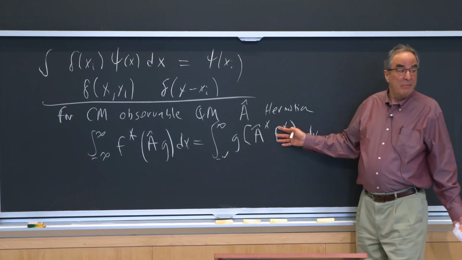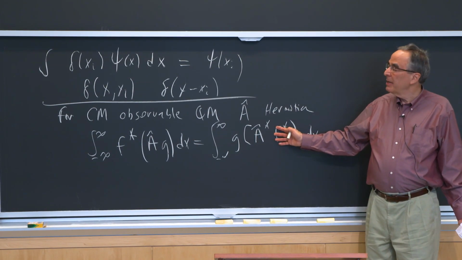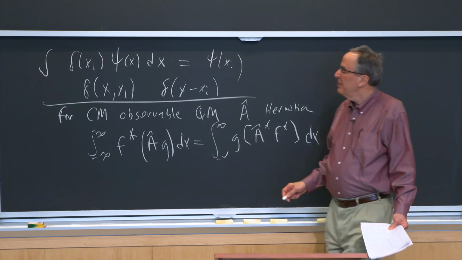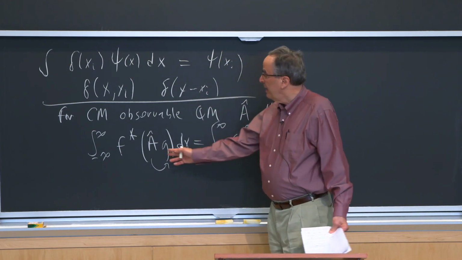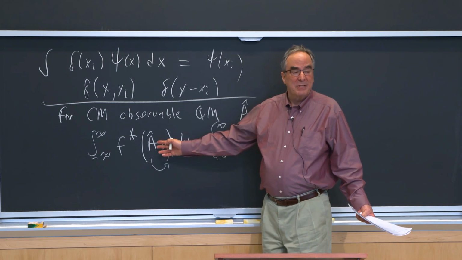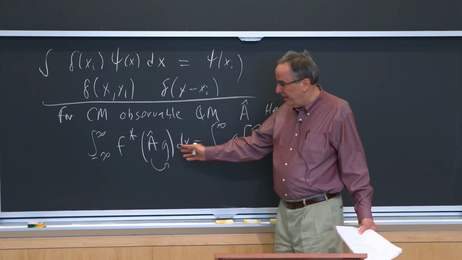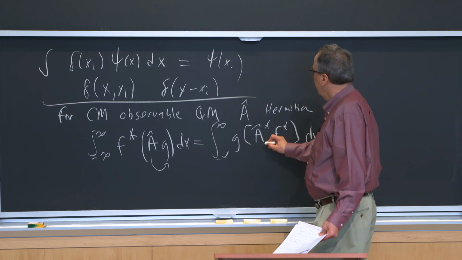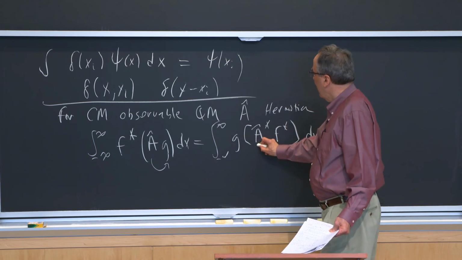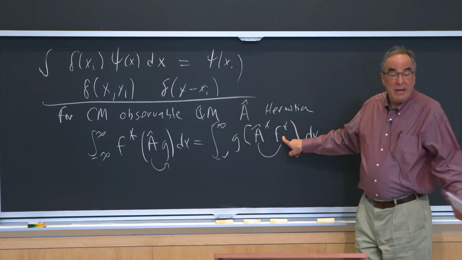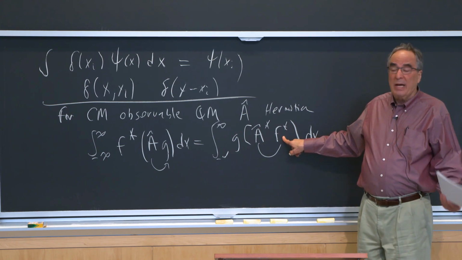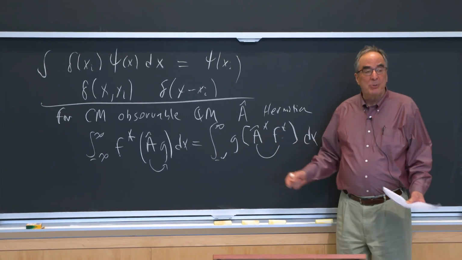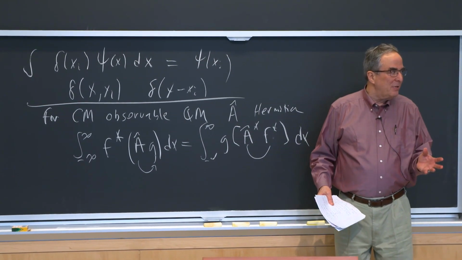We have functions, we can take the complex conjugates of the function. But here, what we're seeing is the operator is operating on the g function, the function that started out on the left, on the right. And here, what we have is this operator operating on the f function, which was initially on the left. And so this is prescription for operating on the left.